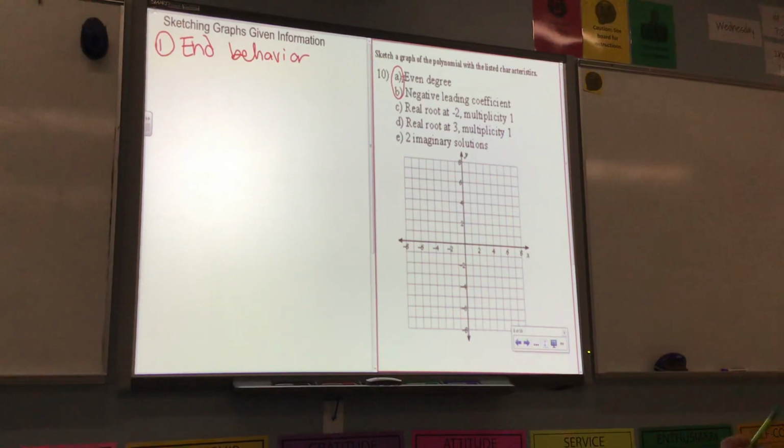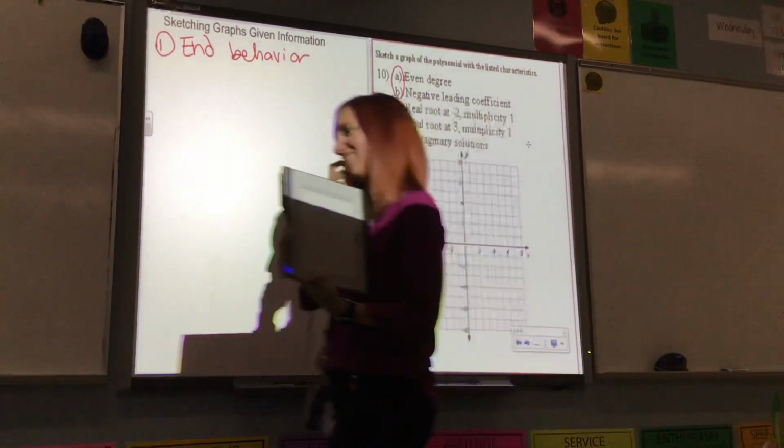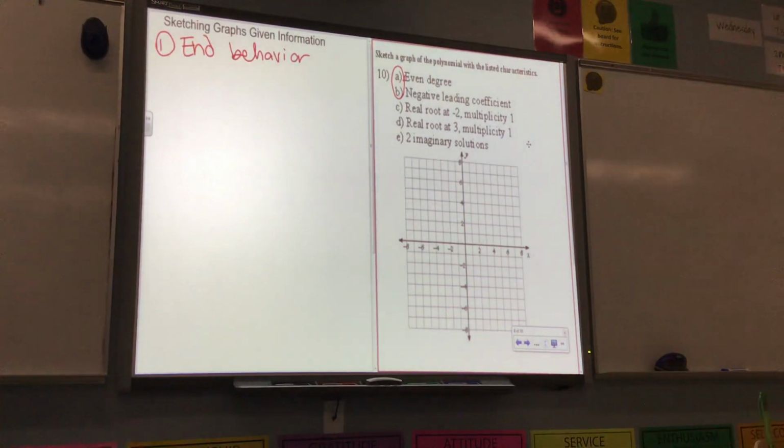On this one, I was looking at A and B. Since this is an even degree, will the ends of my graph be going the same direction or opposite direction? Same. Since it is negative, will they be going up or down? Down. So what I do, and these lines might not connect when you're done, is make myself little arrows so I know both ends should be going down. It's just a note so I know where it's going to connect to.